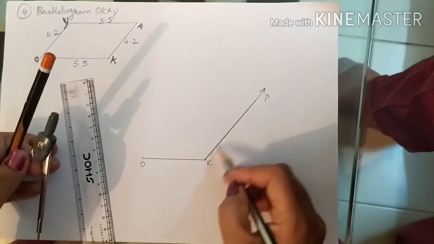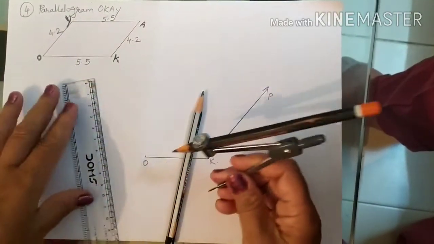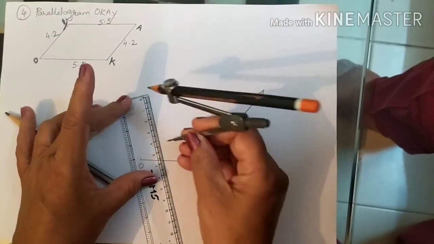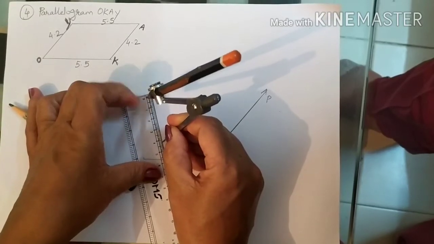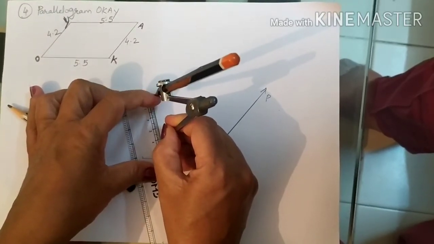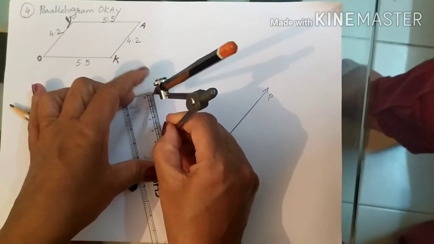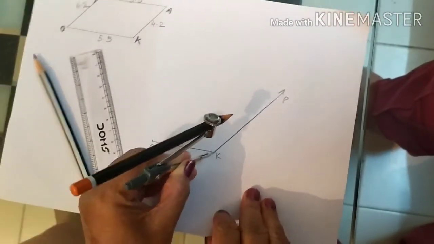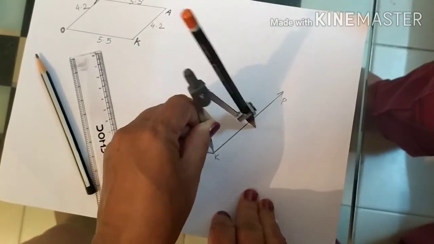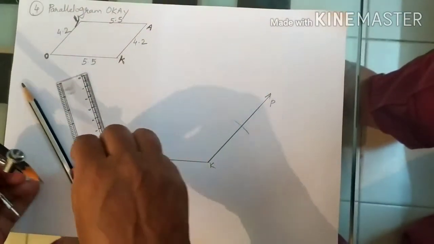And from K, this is 4.2 centimeters. So let us take the measurement of 4.2 centimeters and cut off an arc on the ray here. This is 4.2 centimeters.